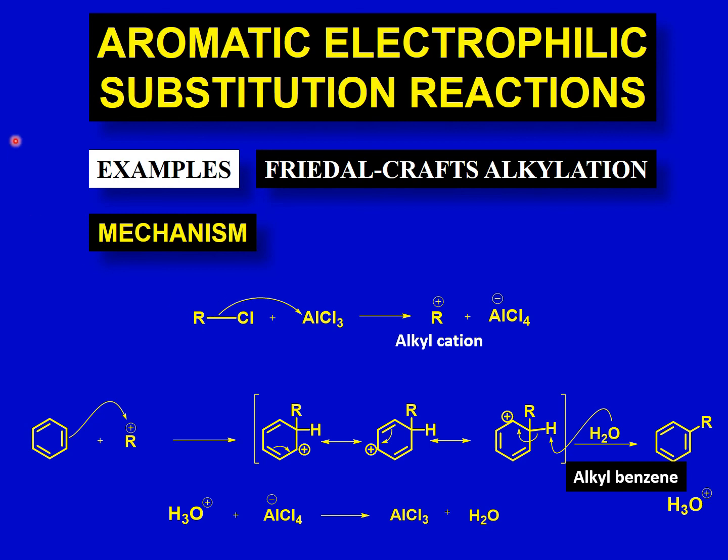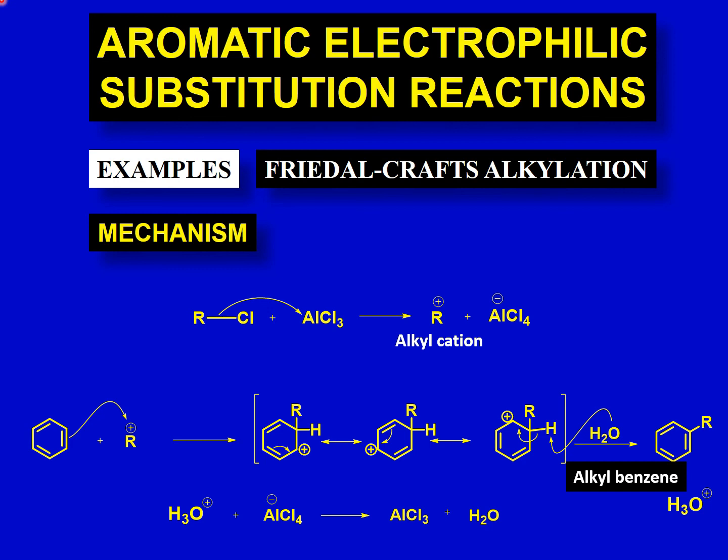So this was all about the Friedel-Crafts reaction. We have discussed alkylation and acylation. Remember that the introduction of an acyl group deactivates the ring towards further electrophilic substitution reactions, while the introduction of an alkyl group to benzene activates the ring towards further electrophilic substitution.